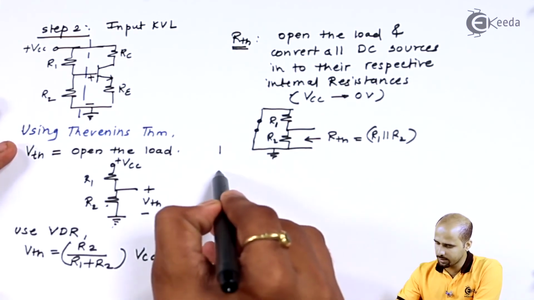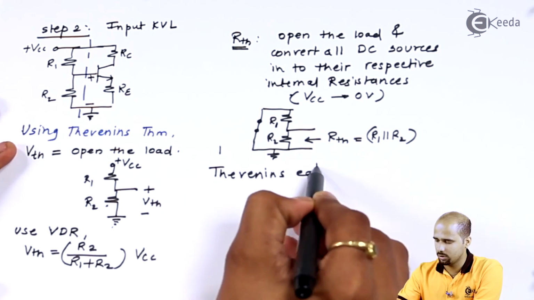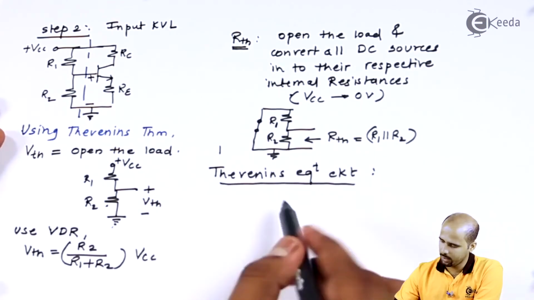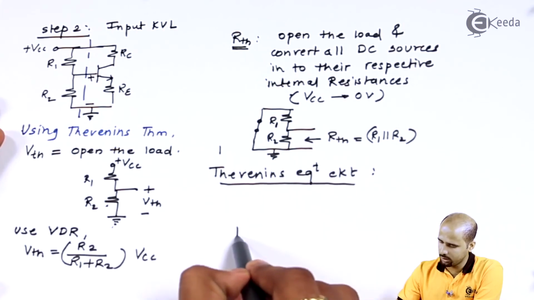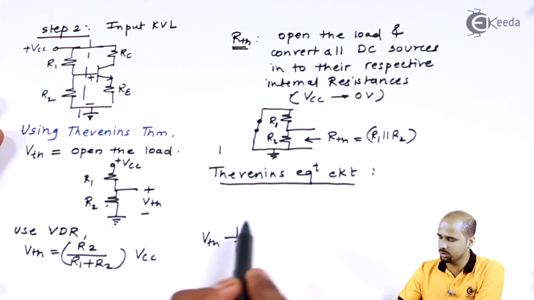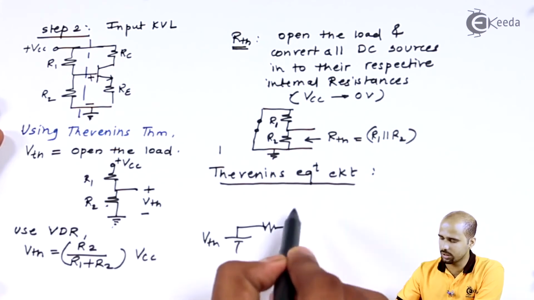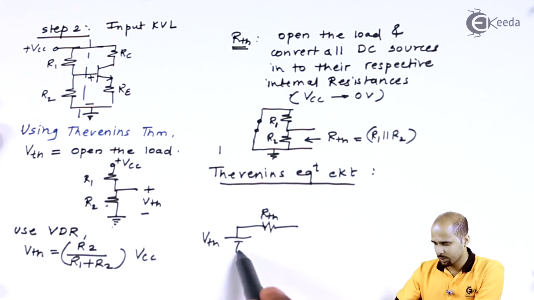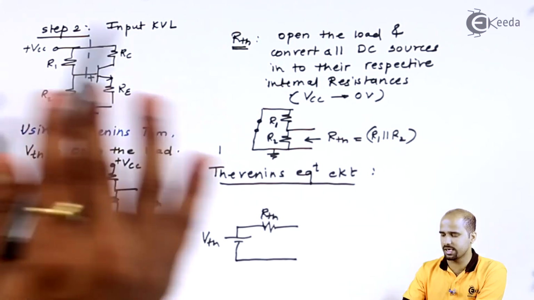This circuit will be the Thevenin's equivalent circuit. I will draw the Thevenin's voltage, that is VTH, coming from here. This is your RTH, that will come from here. Now this is a simplified version of this. I'll just attach the load.